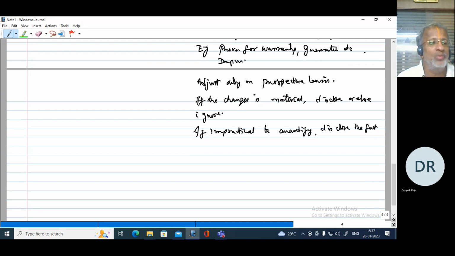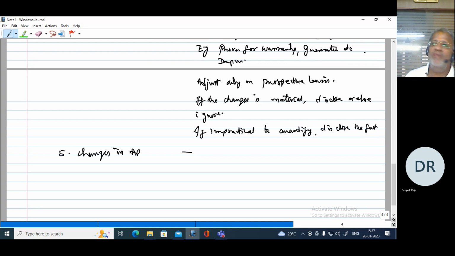Next one, the last one, is item number 5: changes in accounting policy. What do you mean by policy? What do you understand from accounting policy? People might just say accounting policy is a policy of accounting. Now I will tell you what is policy.